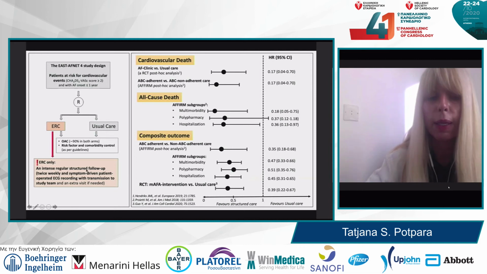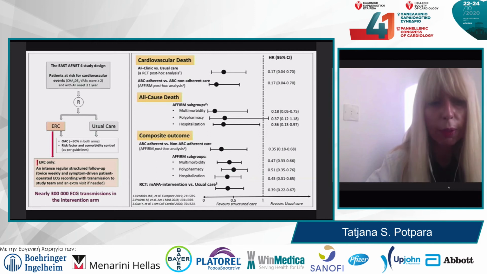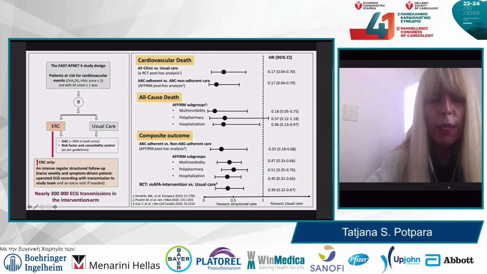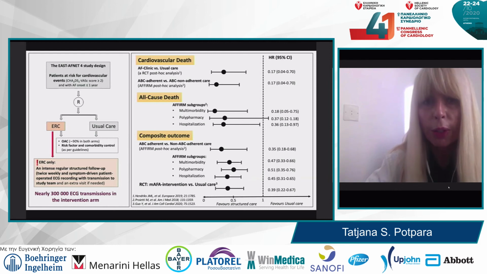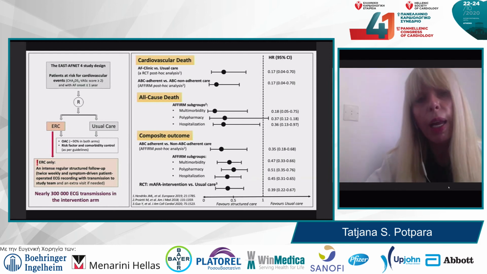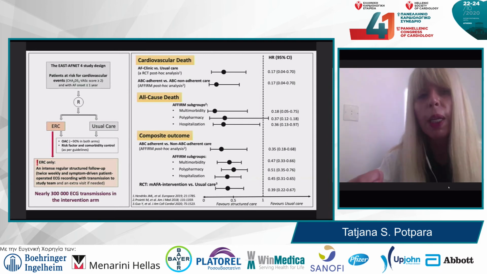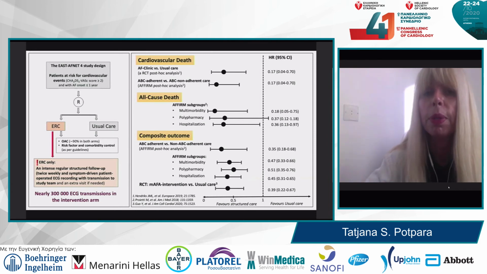But this difference could significantly impact the overall trial findings, because there were nearly 300,000 ECG transmissions in the intervention arm. Think of patients willing to regularly record their ECG twice weekly or even more frequently. Such patients would likely be more adherent to any other treatment, including oral anticoagulant therapy, lifestyle modifications, and so forth.